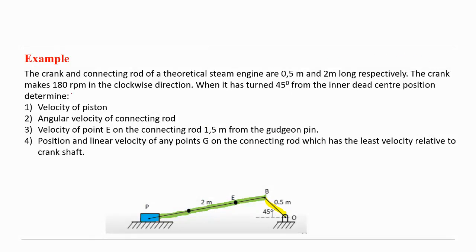And the crank makes 180 RPM, so N is equal to 180 RPM, in the clockwise direction.